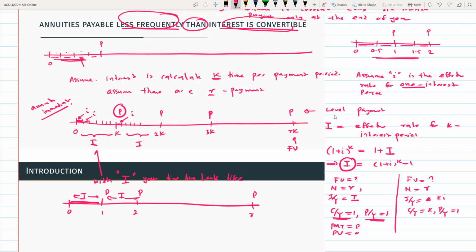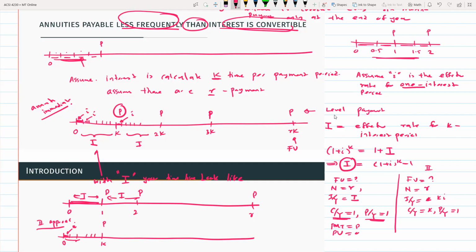Okay, so this is the other way. If I use this second approach, what would the timeline look like? Here I have 0, here 1. And then I have this small period divided into K, so this is K, and this is basically rate i.